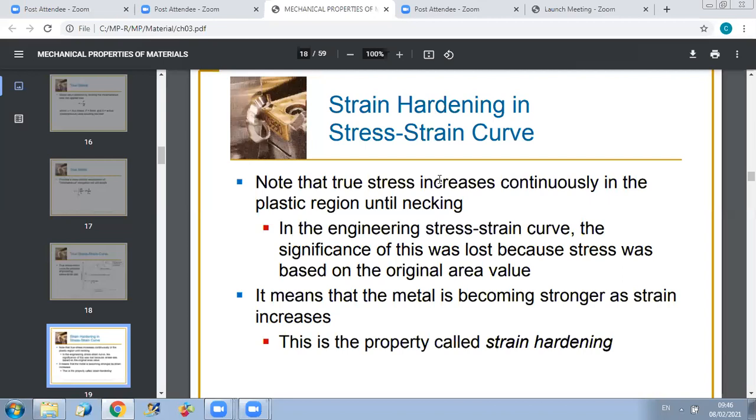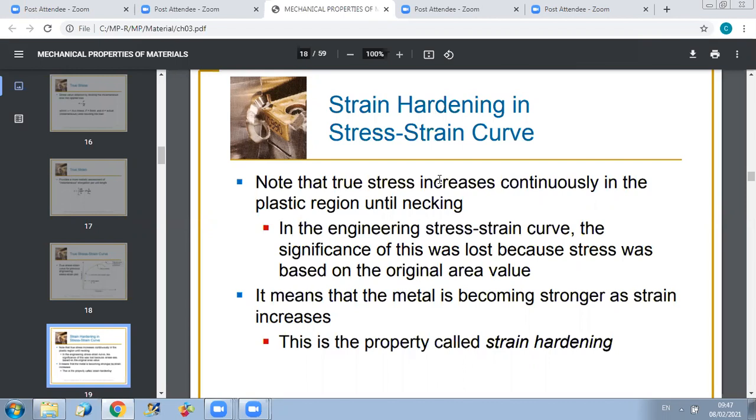It represents the variation of the force, not of the stress, because it's always divided by the original area. While the true stress curve really shows the variation of stress, because in this graph the actual stress is represented, which is the force applied over the actual area of the specimen. In summary, the engineering curve is a representation of the force variation, while the true curve is representative of the variation of the stress.